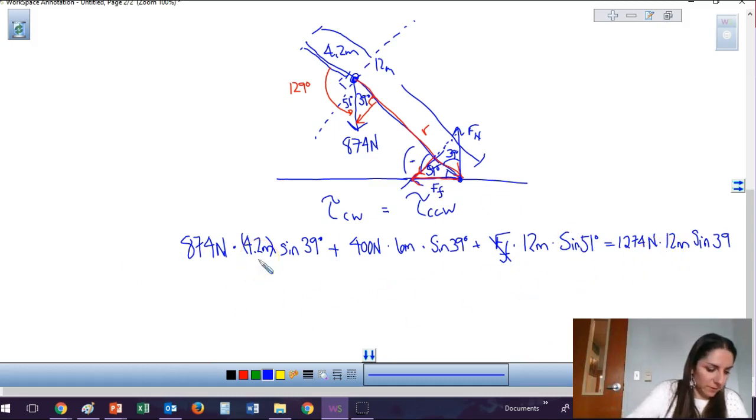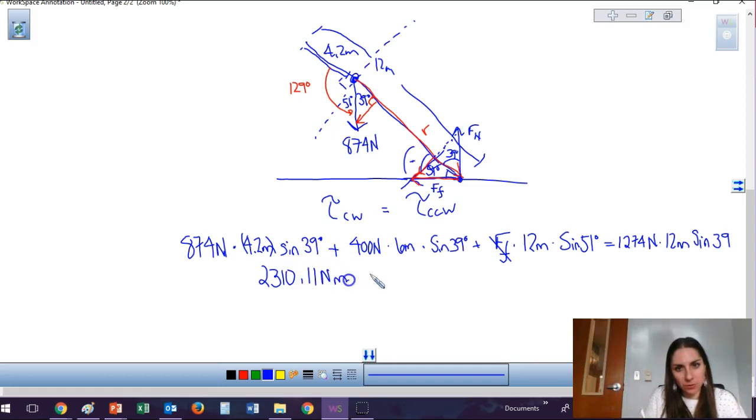I'm going to go ahead and simplify all these, making sure I'm in degree mode. So 874 times 4.2 times sine 39. This is in torque, newton meters.